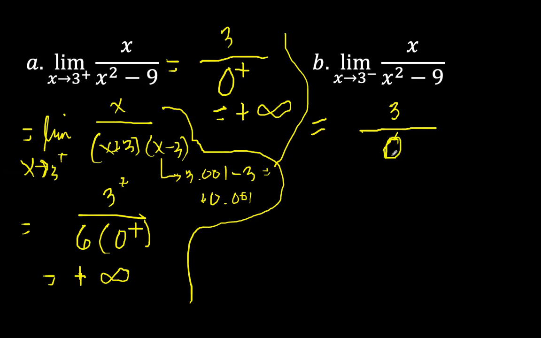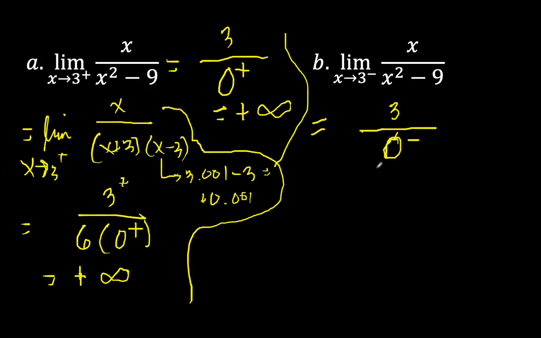It approaches 0. But what kind of values? Those values are all negatives. Why? Because these are less than 9. Less than 9 minus 9 is a negative value, right? But we're trying to get here the trend or the behavior of the function on the denominator as the value approaches 0.